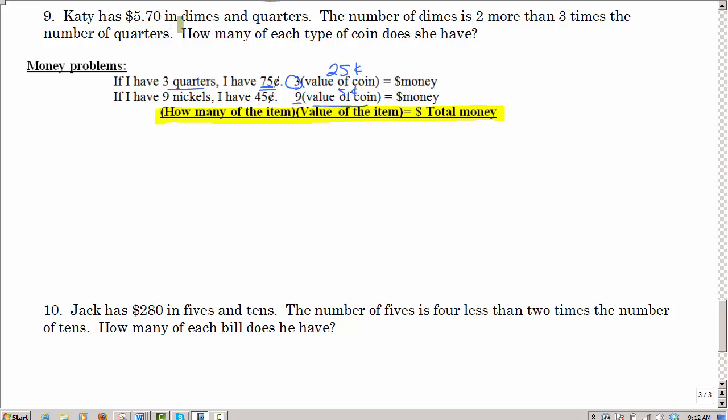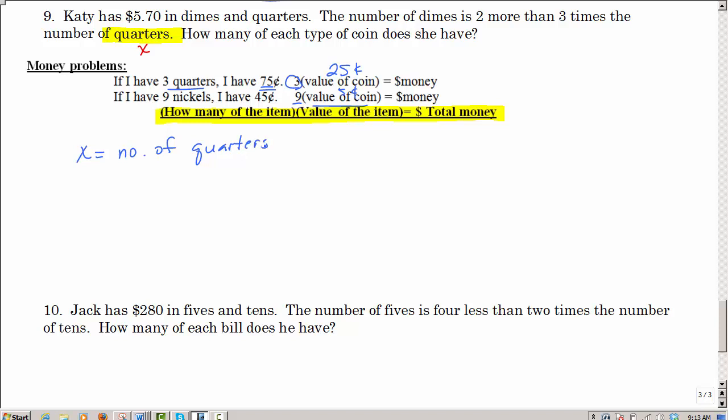Alright, so let's go back to the problem. Katie has $5.70 in dimes and quarters. The number of dimes is 2 more than 3 times the number of quarters. The last thing mentioned, we're going to let that be x. So x is the number of quarters.